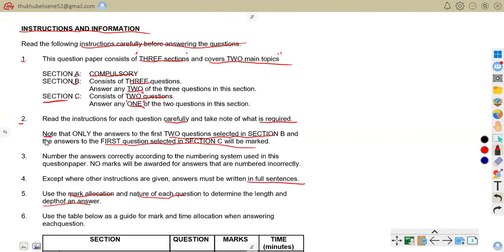Then we give a note: only the answers to the first question selected in Section B and the answers to the first question selected in Section C will be marked. So the first questions are the ones that are going to be marked.